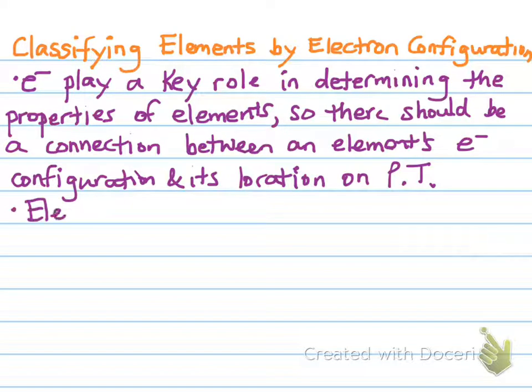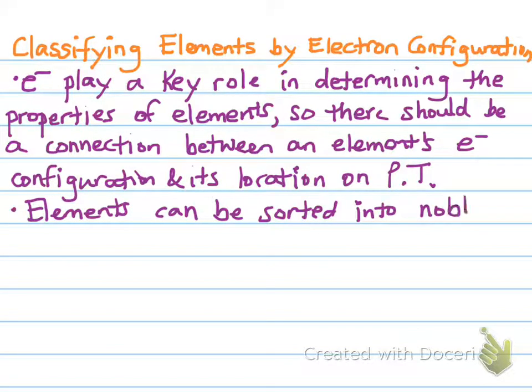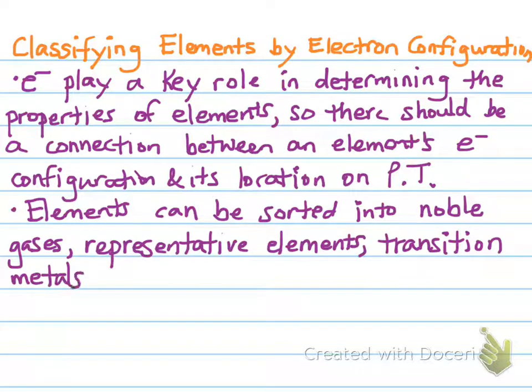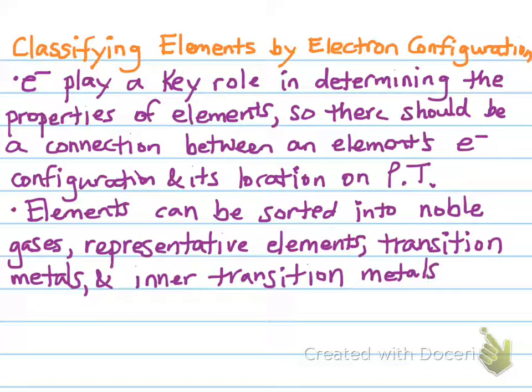So we're going to talk about the fact that our elements can be sorted into noble gases, representative elements, transition metals, and inner transition metals, based on their electron configurations.